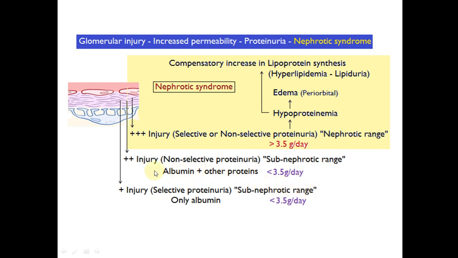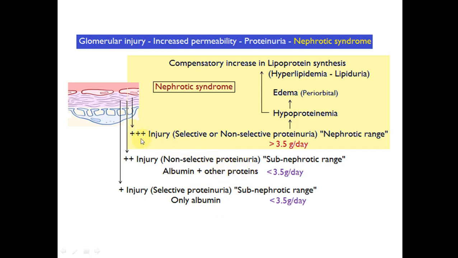But if the injury becomes a little more severe, other proteins like globulins may also be filtered along with the albumin, but still the loss is less than 3.5 grams per day, and this is subnephrotic range proteinuria. But compared to the previous one, this is non-selective. Here only albumin is lost, and here along with albumin other proteins are also lost.